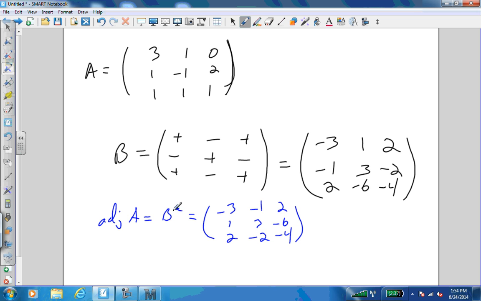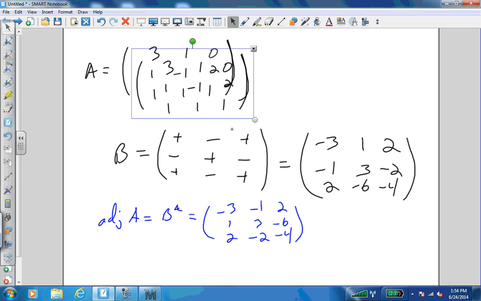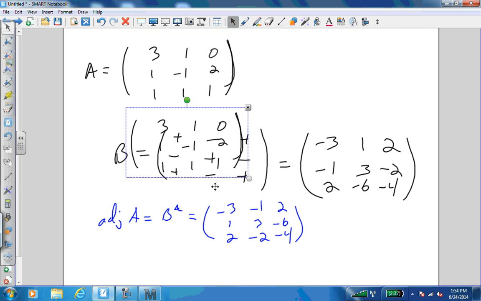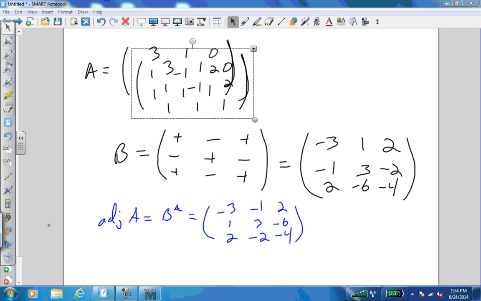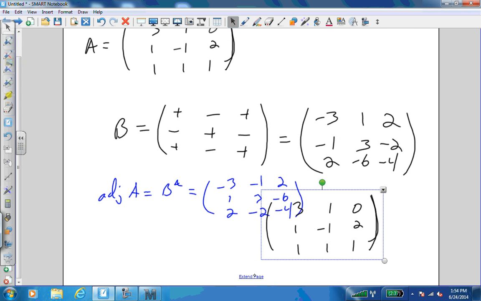So that's the adjoint. Now we simply need the determinant of A. So if we take A, we can either expand or we can do some row operations. So I'm going to do row operations to simplify this down to get the determinant of A.